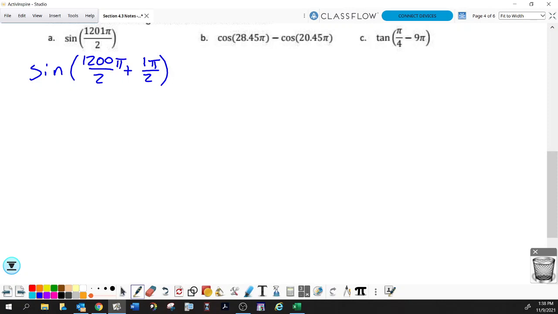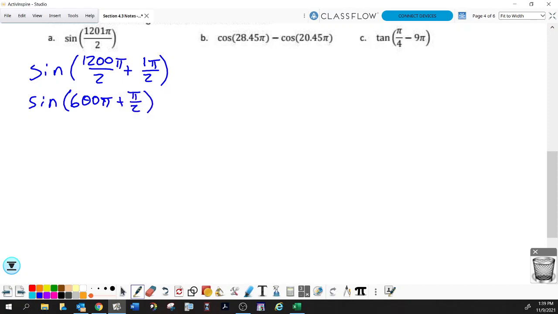Are we okay with that idea? Well, isn't 1200 divided by 2, well, that's an even number, right? That's sine of, come on now, 600 pi, which last time I checked is a multiple of 2 pi, plus pi over 2.